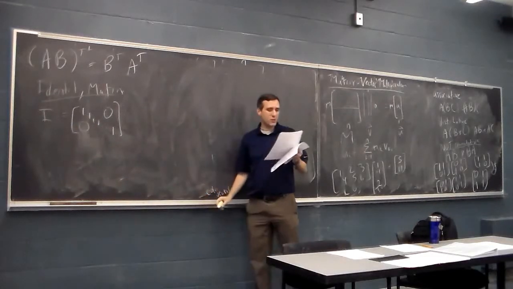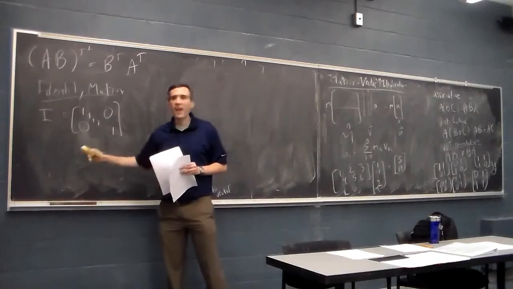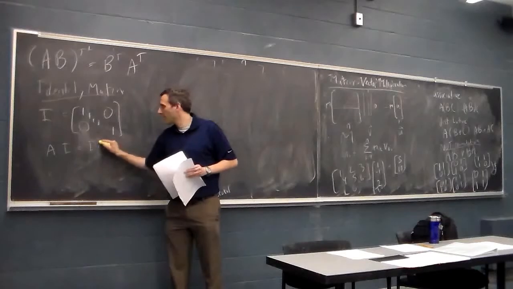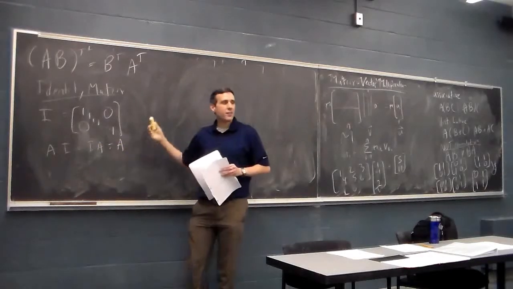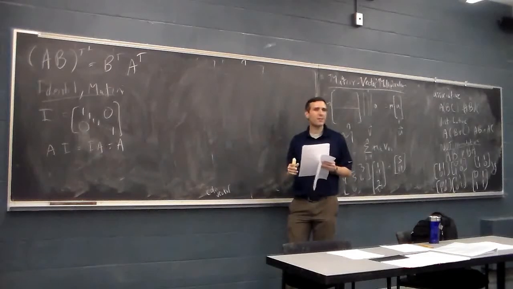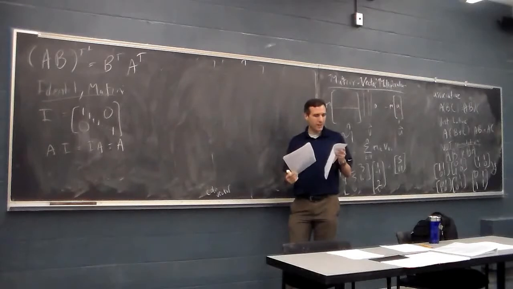And the identity matrix has the nice property that for any square matrix A of the same dimension, A times I is equal to I times A, which is equal to A. So multiply a matrix by the identity on either side, you get back the same matrix you started with. Right, so any questions about any of that?